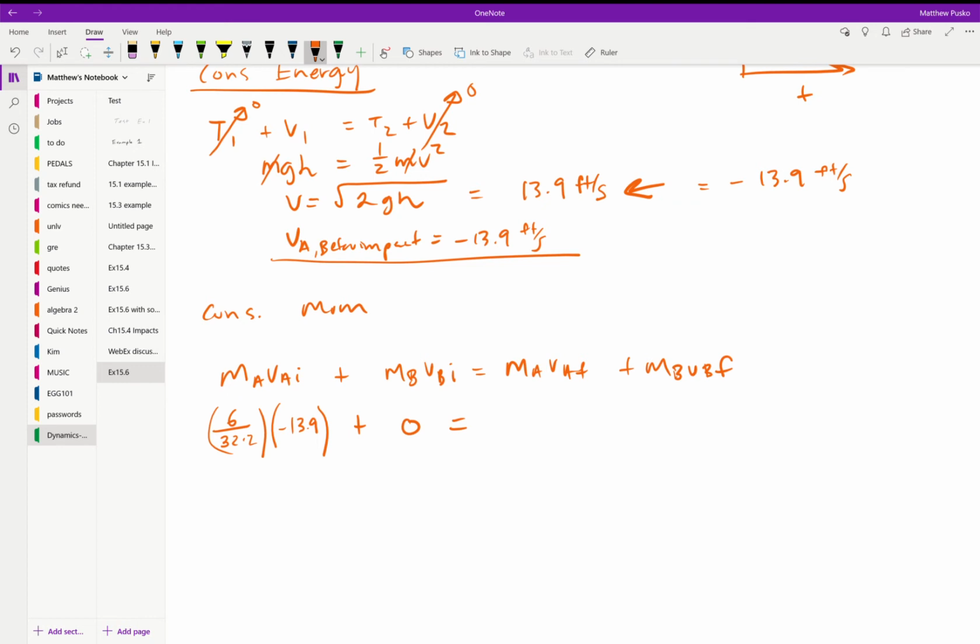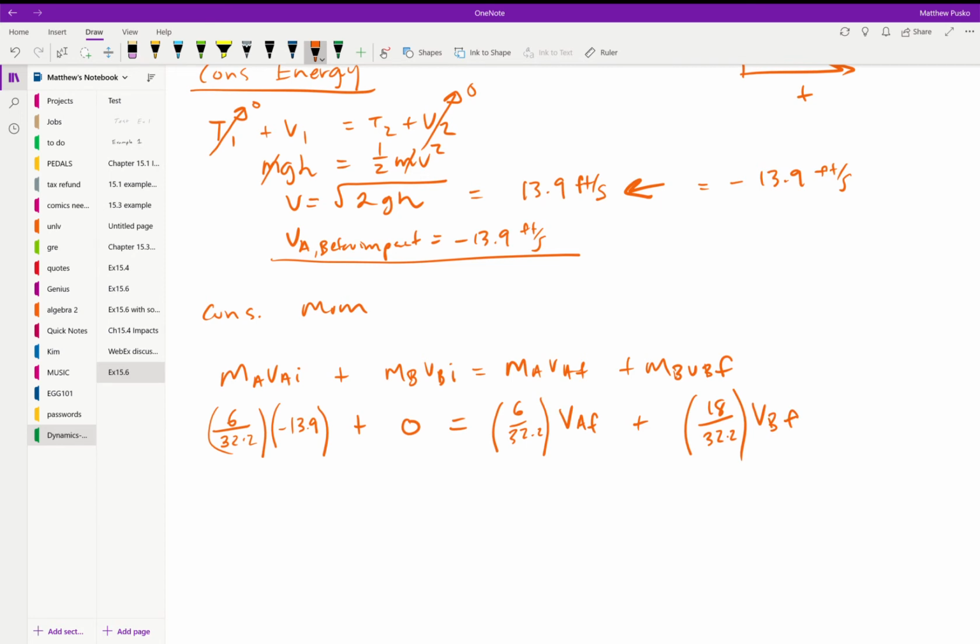Mass A is 6 pounds divided by 32.2, but we don't know its velocity, so let's just call it vA final. I'm sorry, this should be a 6. And same thing for the 18-pound object, divide by 32.2 to get the mass, and that will be the velocity of B final.